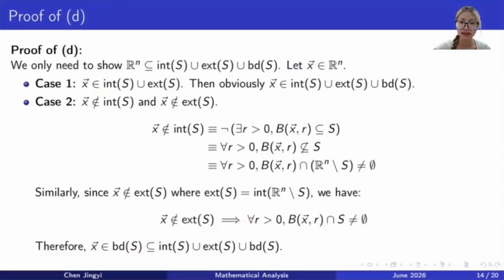Case one is X is inside int S or exterior S. Then obviously X will be inside int S union exterior S union boundary S. In case 2, X is not inside interior S and X is also not inside exterior S.